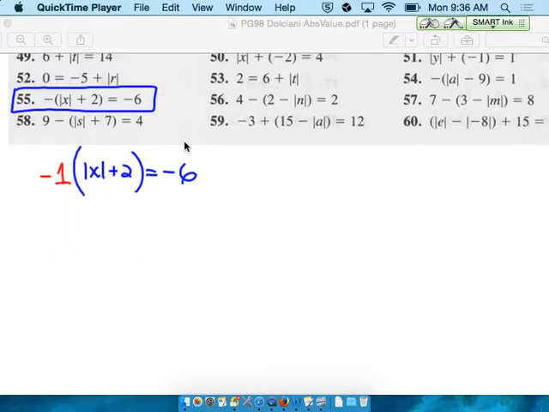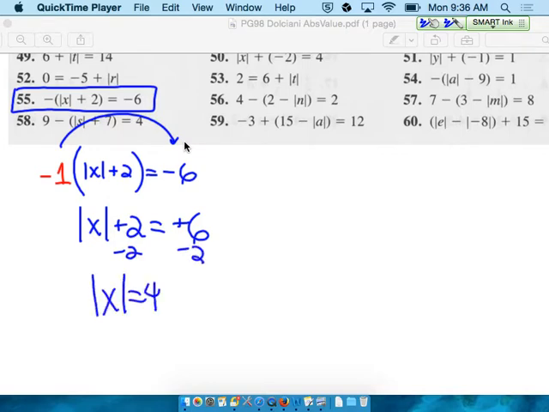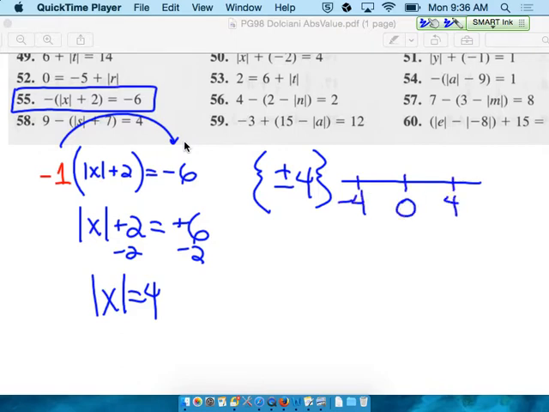This is what I'm left with on the left-hand side. And now the 6 becomes positive 6. My next step would be to subtract 2 from both sides. And I'm going to have the absolute value of x equaling positive 4, which would imply that I have two values, both positive and negative 4, in my solution set. And then to do the number line illustration, it just means that I've got two numbers that are 4 units on either side of 0.